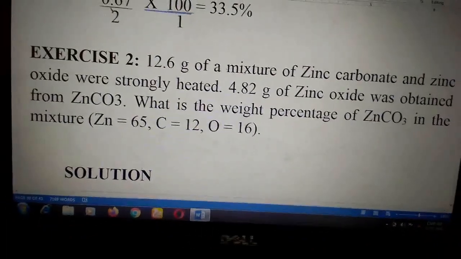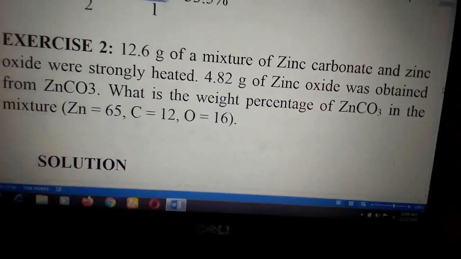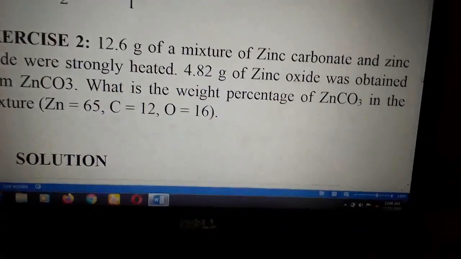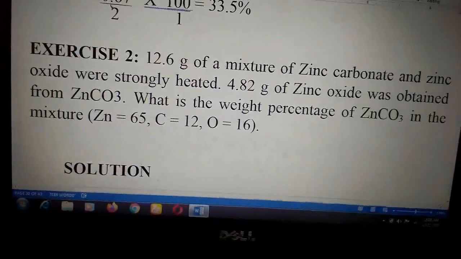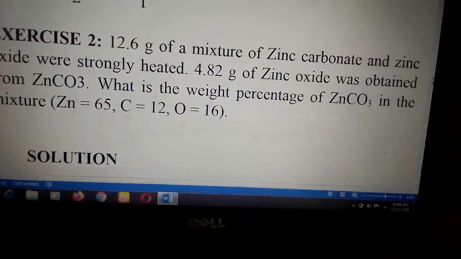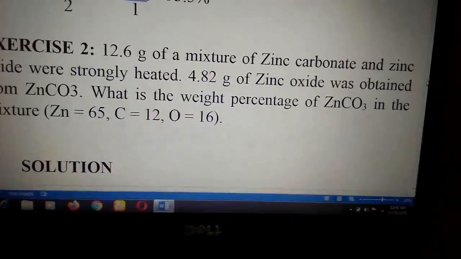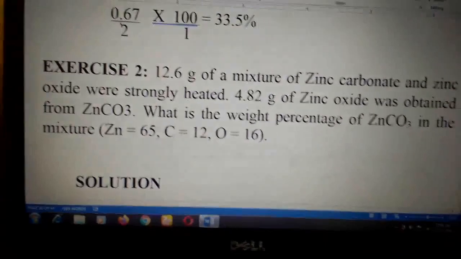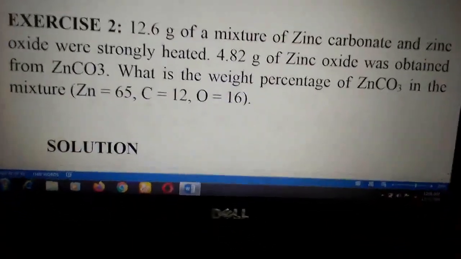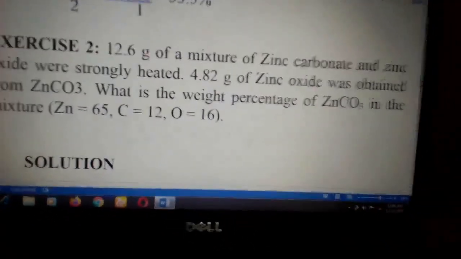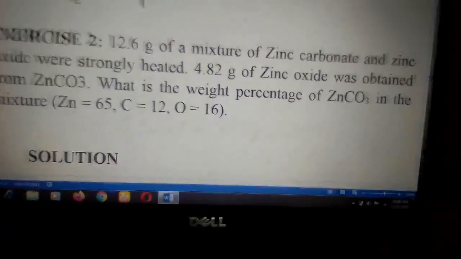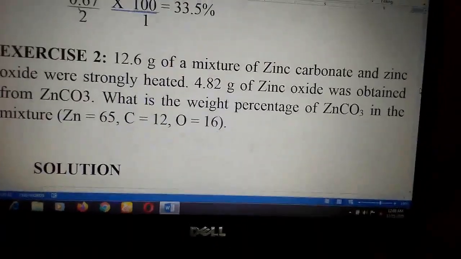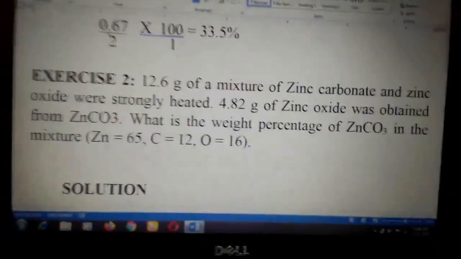If you look at the question, zinc oxide was mentioned 2 times. There's zinc oxide in the mixture, that is in the 12.6 gram of the mixture. Then there's also another 4.82 grams of zinc oxide obtained on heating the mixture. Now, the mass of zinc oxide obtained as residue, that is 4.82 grams, is different from the zinc oxide that is present in the mixture.